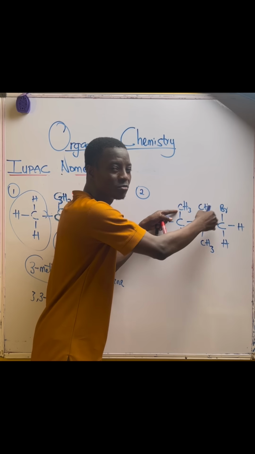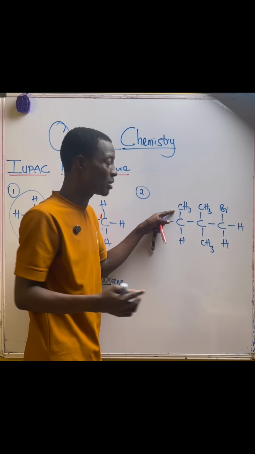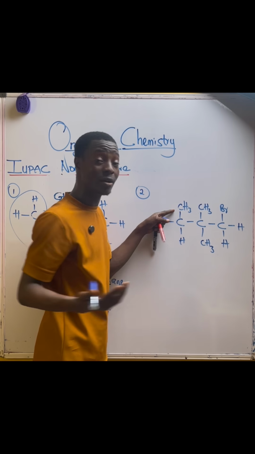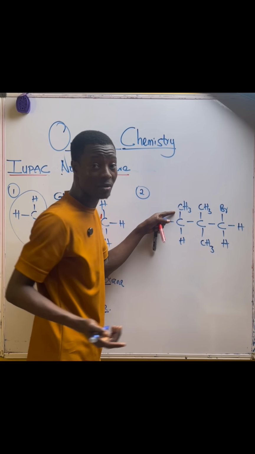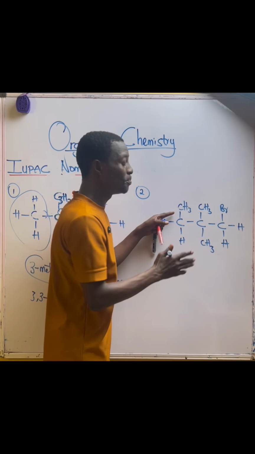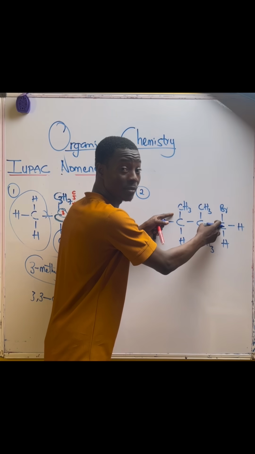I have the liberty to branch, but I just decided to count like that. So I can also decide to count this way, 1, 2, 3, 4, if I like. If I also want, I can decide to count this way, 1, 2, 3, 4. Which means that I can use any of these chains. But the chain I'm going to use here is 1, 2, 3, 4.